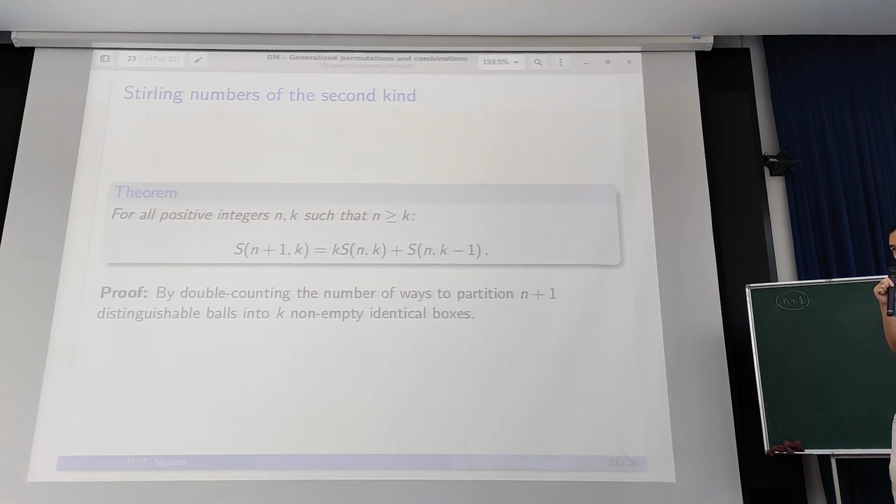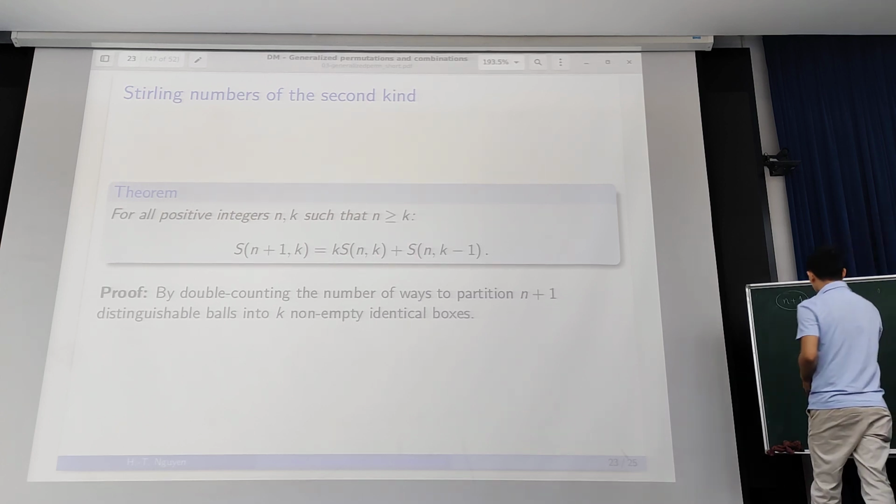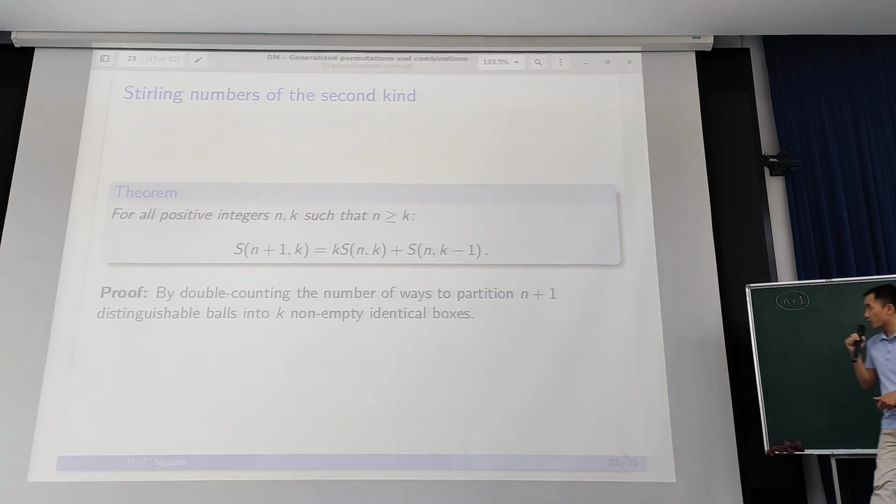We had an example in which we single out an element and we consider the case where that element belongs to a subset of its own, or it shares a subset with some other elements. So here we consider the same way with the ball number n plus 1.